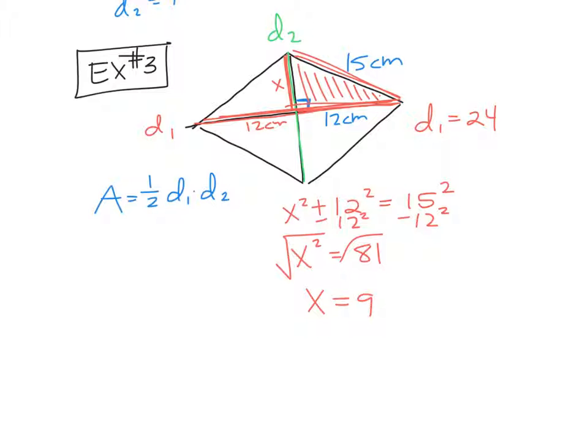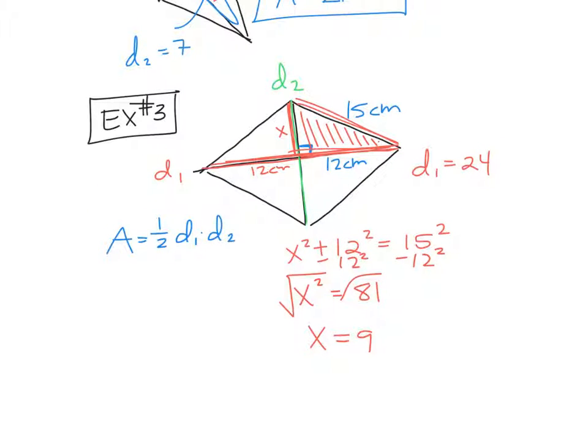So if we're looking at our picture up here, that makes this x 9. What is this piece? 9 also, okay? Those diagonals always bisect each other. So that means diagonal 2 is 18 units long, right? We want that whole thing. Add these two together, 9 and 9.